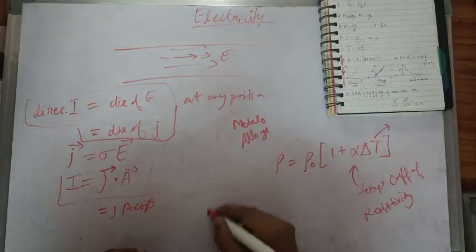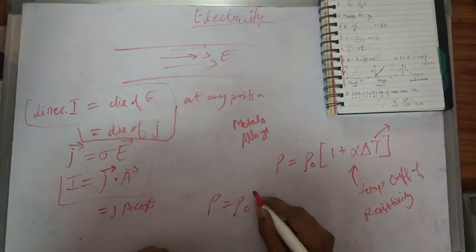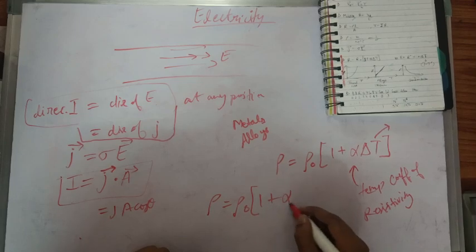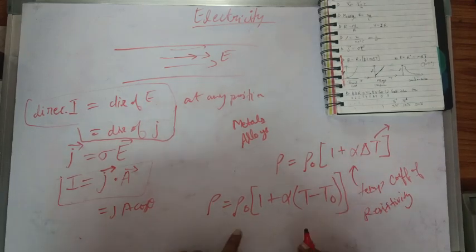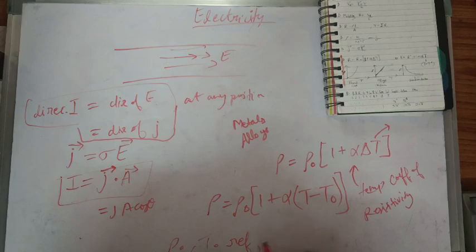We can write this equation more properly as rho equals rho naught bracket 1 plus alpha bracket T minus T naught, where rho naught and T naught are the reference resistivity and temperature.